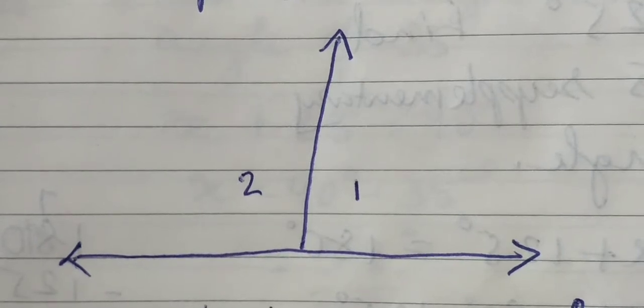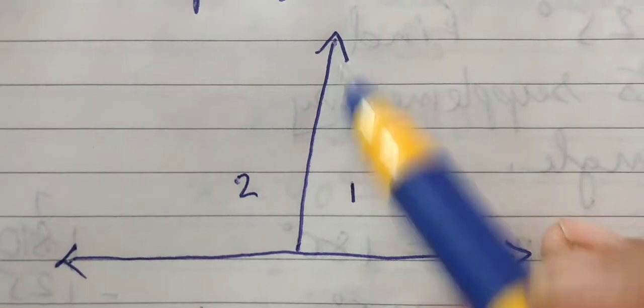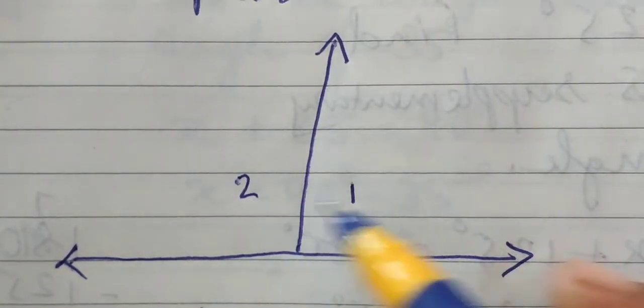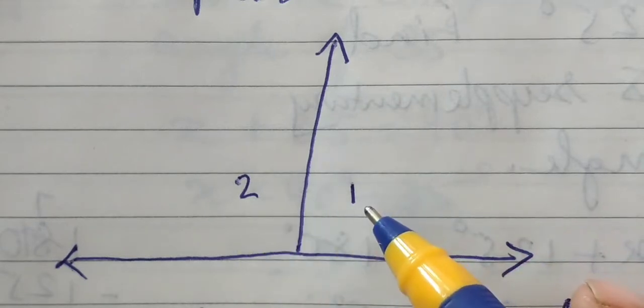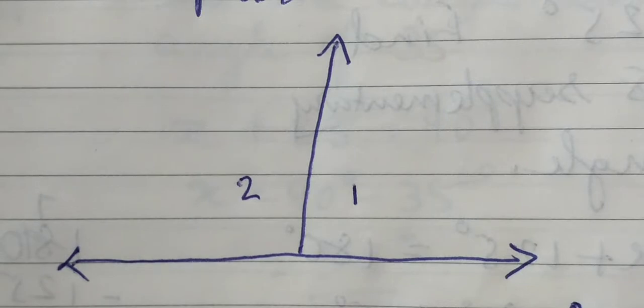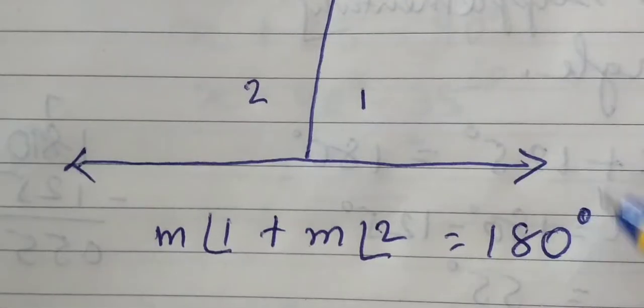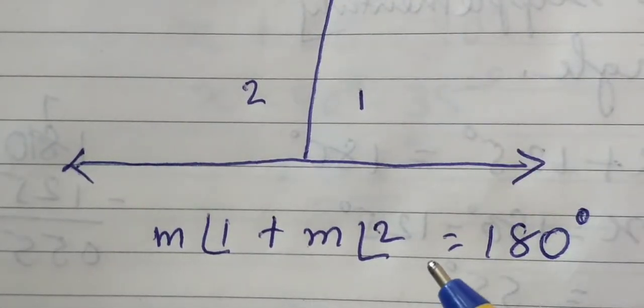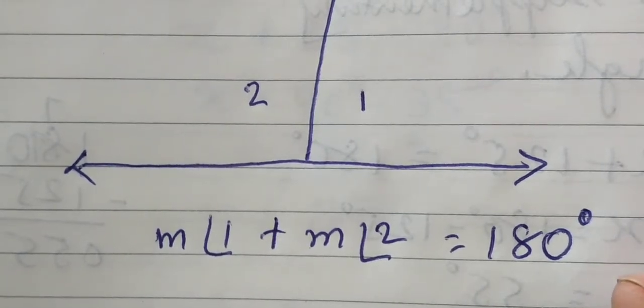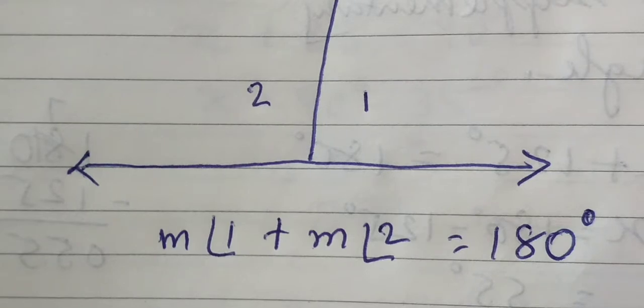Both the angles have a common arm, and they are adjacent to each other. And when you add these two angles and we get 180 degree, then they are called a linear pair.